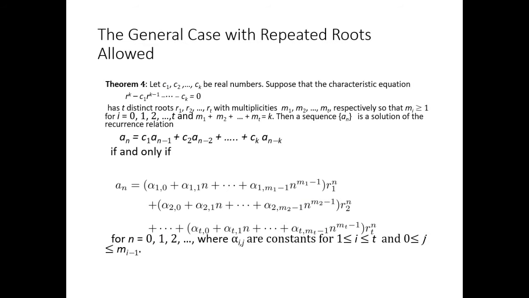Now let us understand the concept of repeated roots, or a recurrence relation with a mixture of repeated and non-repeated roots. So let us consider a homogeneous linear recurrence relation with five roots. The characteristic roots are five, and for simplicity I'll name them capital R1, R2, R3, R4, and R5.